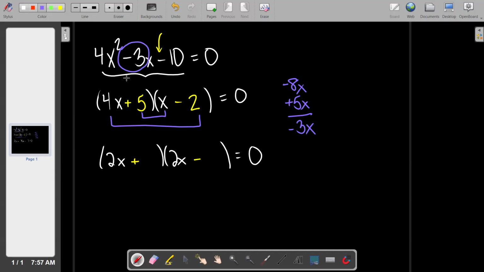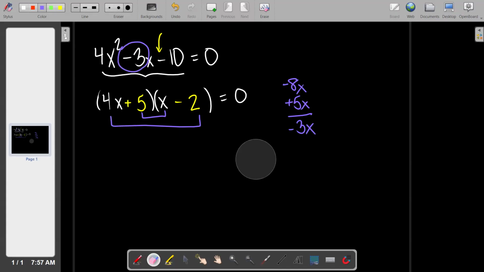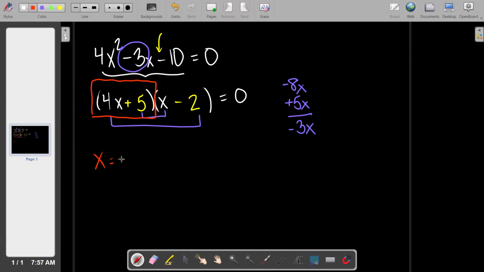This is not a factoring problem. It's a quadratic equation that we use factoring to solve. So this is not the end of the problem. These are just the components that we'll use to find what we care about, which are the solutions. So we have to make this red box equal 0, and the only number in the world that could make that red box equal 0 is a -5, but it has to be divided by 4 because there's a 4 in front of the x, right?